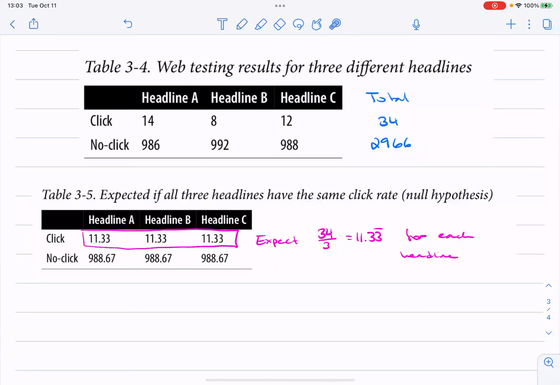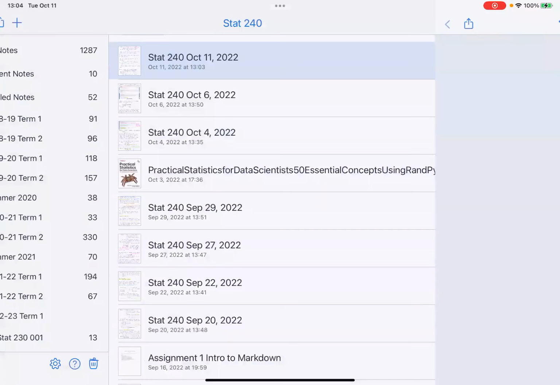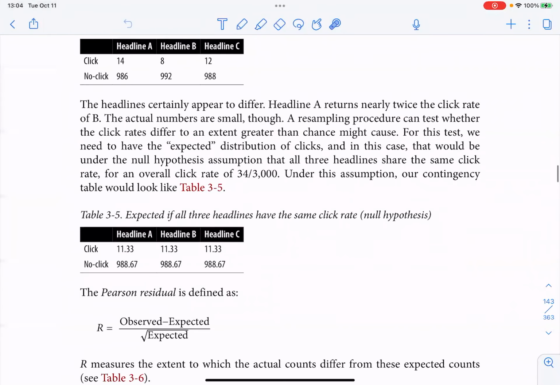So really what we're looking at is: is 14 far enough away from 11.33, is 8 far enough away from 11.33, 12, that kind of thing. Same thing with the no clicks, but we're focusing on the clicks just because that's what we're mostly interested in. Of course, we would do the calculation for the no clicks as well.